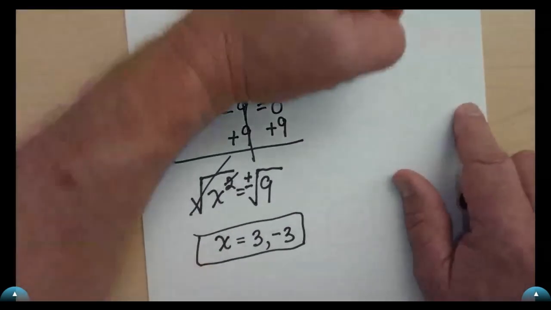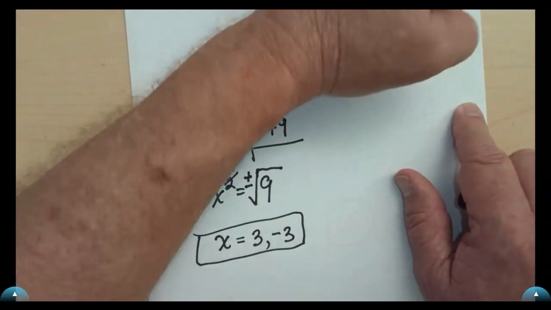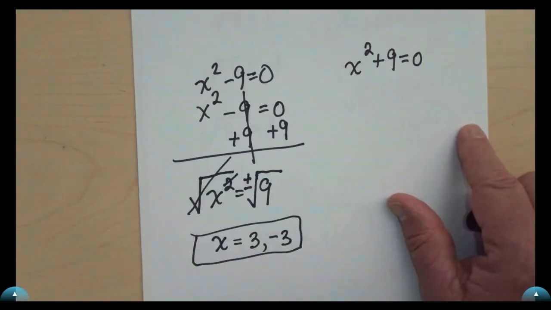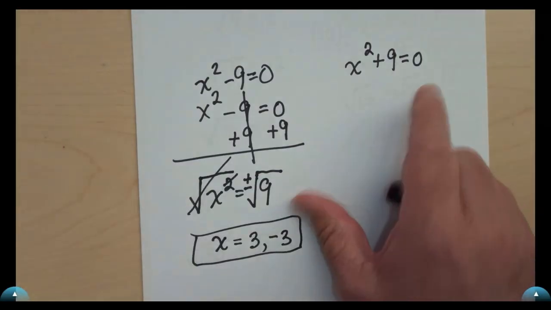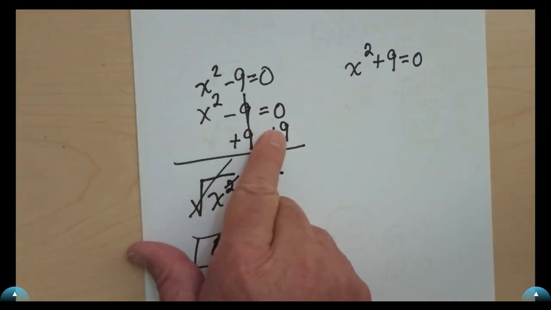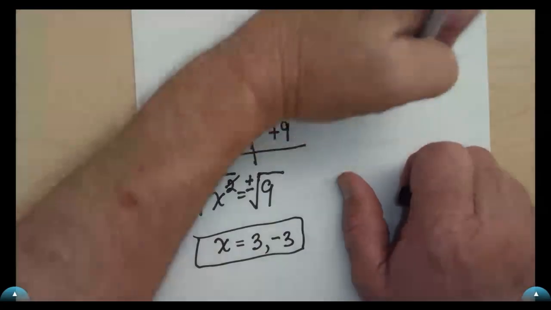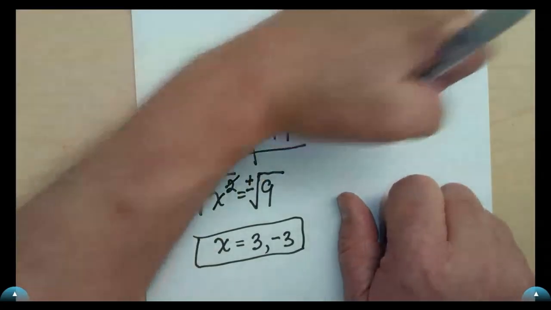But what if I did this problem, which is almost the same problem? If I try to use that same approach, I'm going to move this 9 to the other side, just like here I moved the negative 9 to the other side. To move this positive 9, I have to subtract 9 on each side, right?